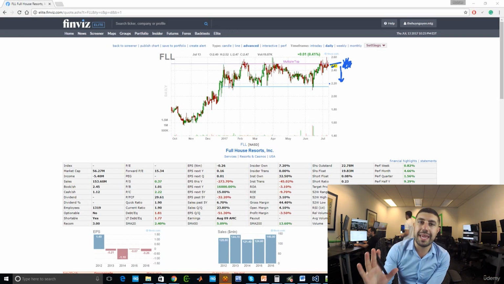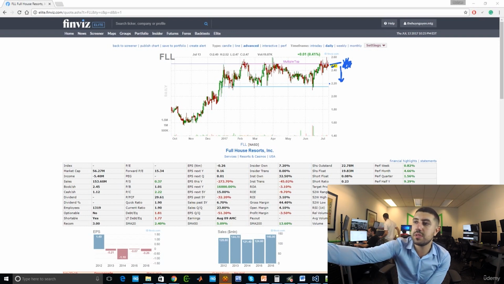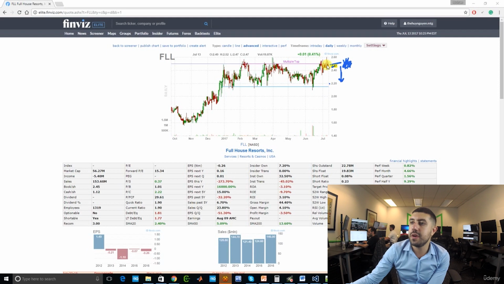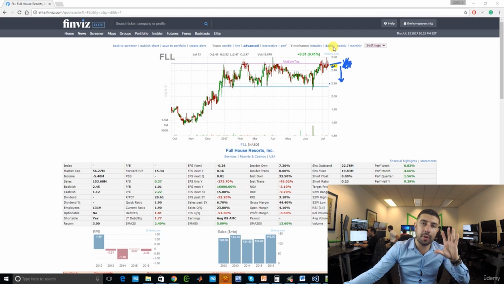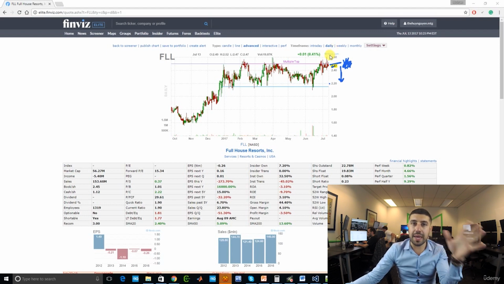Because it's extremely likely that the stock drops from here to here, then the stock breaking over that huge resistance and going up, right? At the end of the day, to make money in trading, it's all about probabilities. You're taking a bet that a price goes in a certain direction.